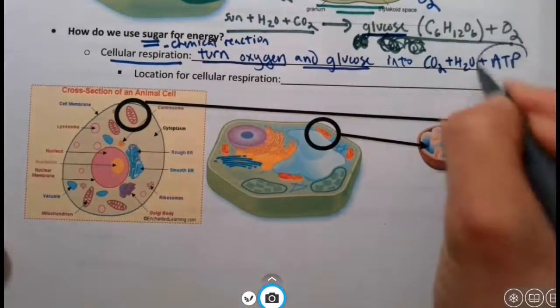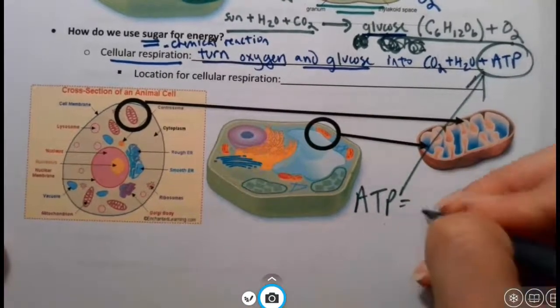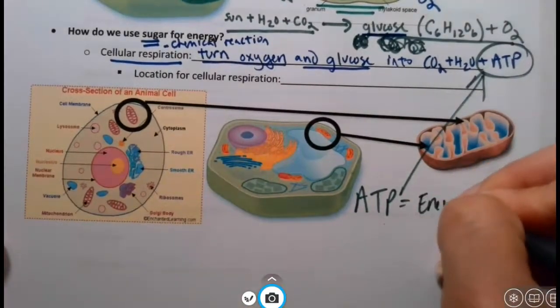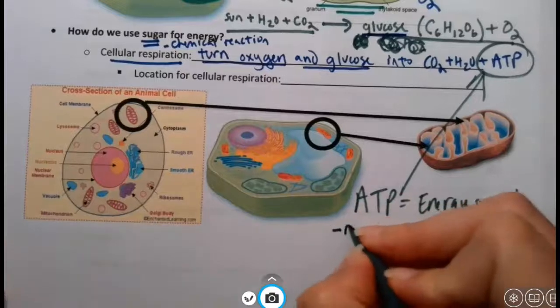ATP is so important. ATP is our energy source. We can't use glucose for energy. We need ATP. ATP can help us run.